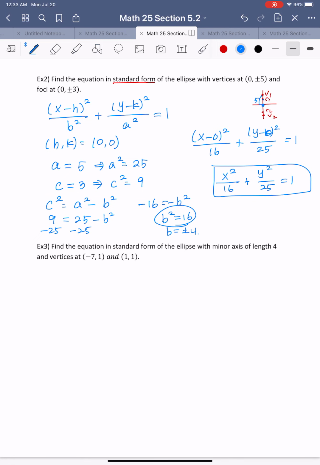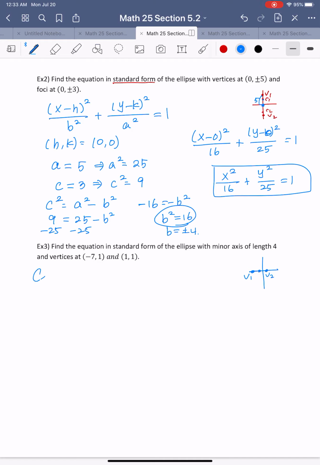Okay, example 3. Find the equation in standard form of the ellipse with the minor axis of length 4, vertices at negative 7, 1 and 1, 1. So on the plane, you got negative 7, 1 and 1, 1, right? Okay, so those are the vertices. And then which means we have to find the midpoint to get the center, okay?